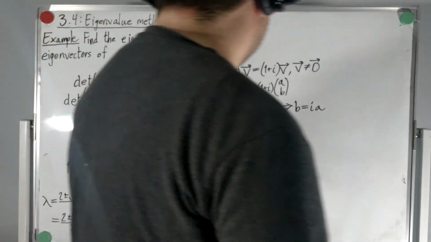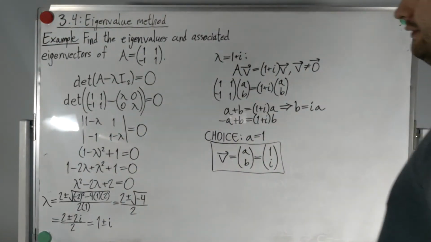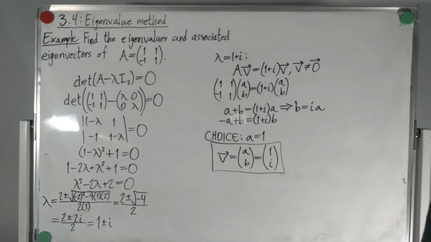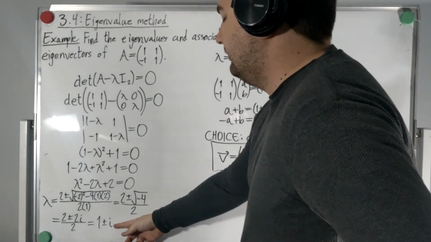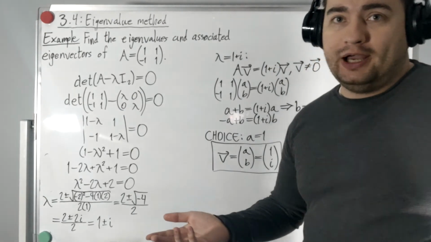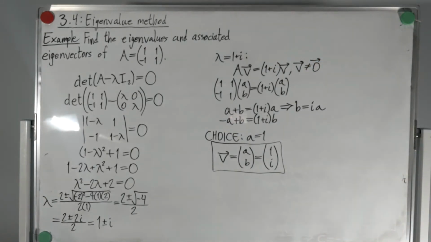And that right there is an eigenvector associated to the eigenvalue 1 plus i. And like I said, we only need to select the plus in 1 plus or minus i, because it's a complex conjugate pair and they're going to give the same information.